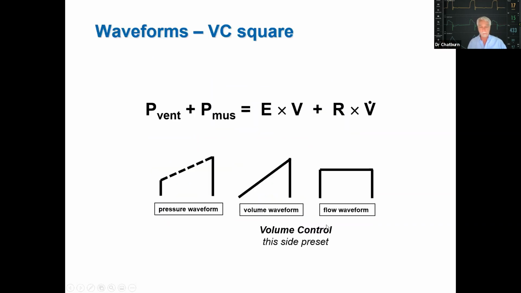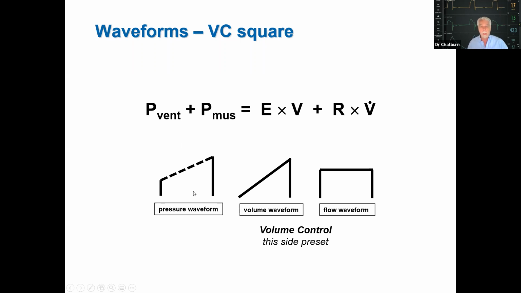Why does this happen? So again, the theoretical framework for patient-ventilator interaction and understanding waveforms is based upon this equation of motion for the respiratory system. And again, here we see the pressure generated by the ventilator.